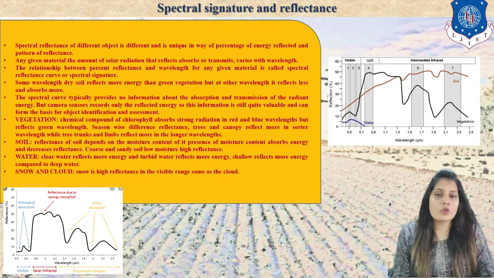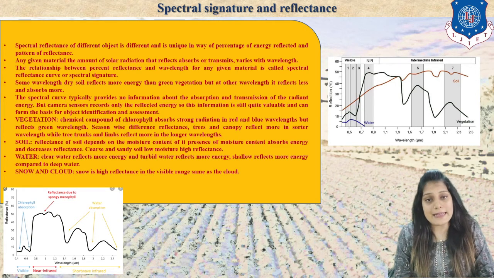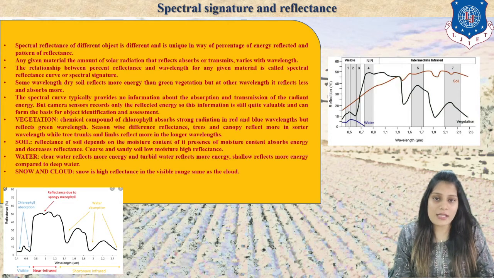Water can also be shallow or deep. Shallow water will reflect more energy, deep water will reflect less energy. It all depends on how the radiation interacts with the surface feature and how it reflects back to the sensor. I guess you are clear with this.